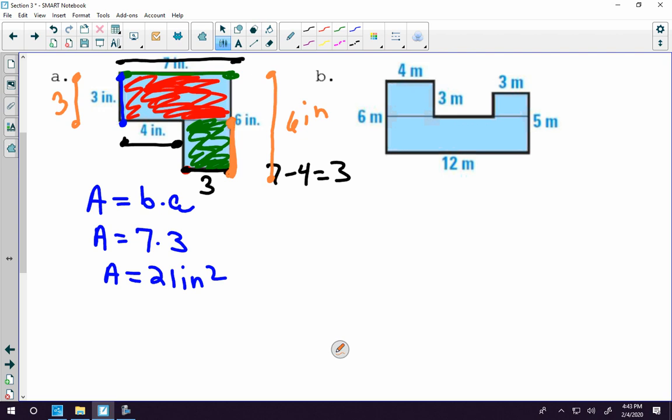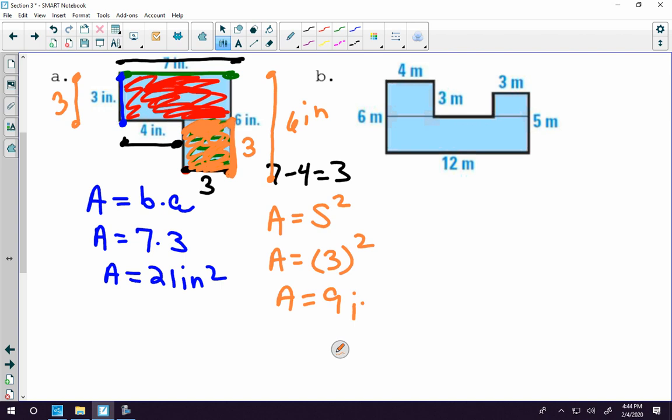Therefore, 6 minus 3 leaves us with 3 inches there. Now that we know that the base length is 3 and the altitude is 3, I won't call this a rectangle, I'll call it a square because it's 3 by 3. So the area of this square, using the proper equation, area equals side squared, is going to be area equals whatever the side length is squared. So 3 squared is 9 square inches.